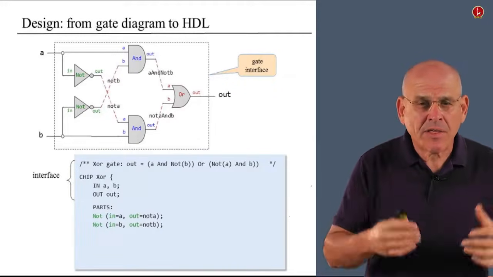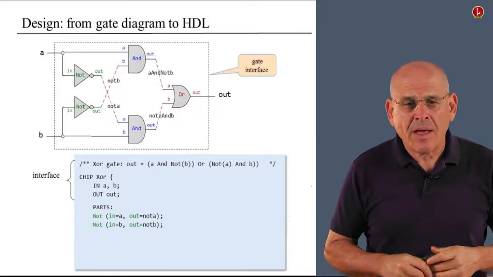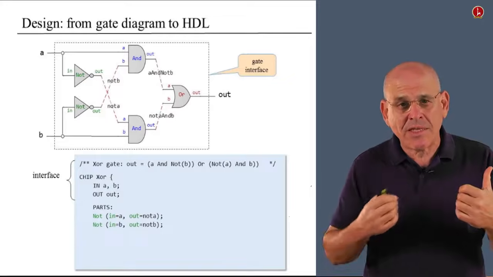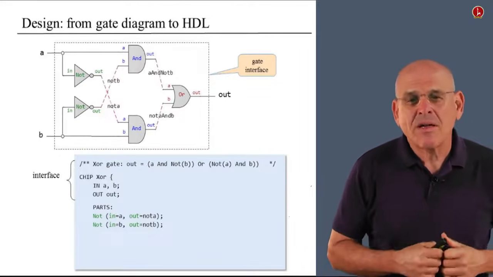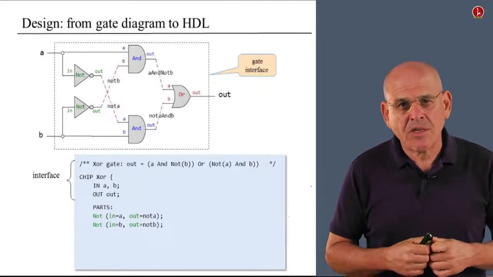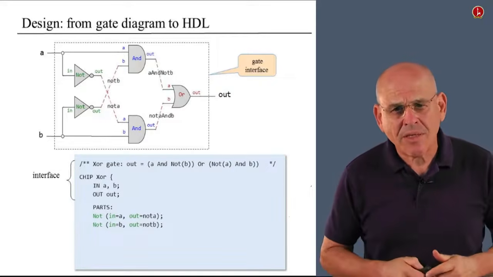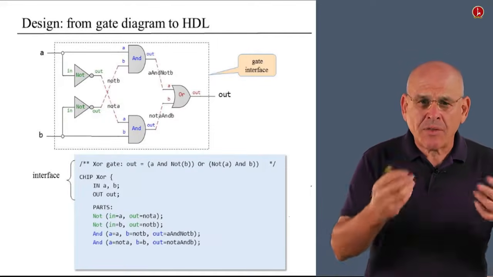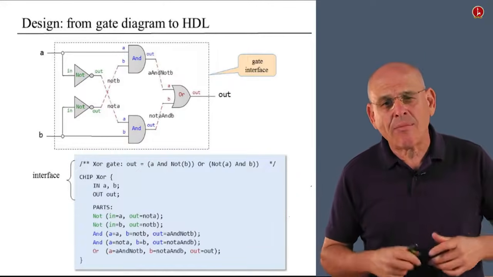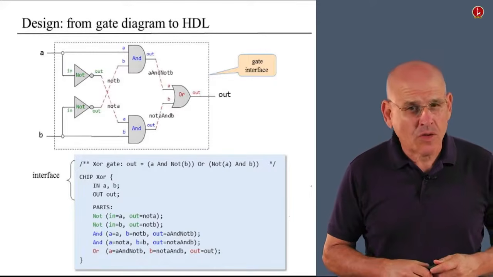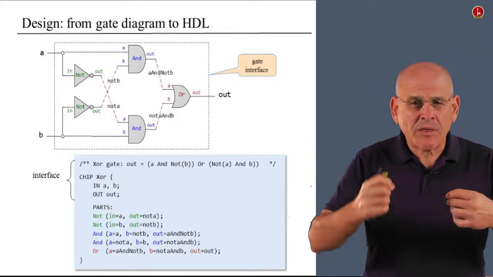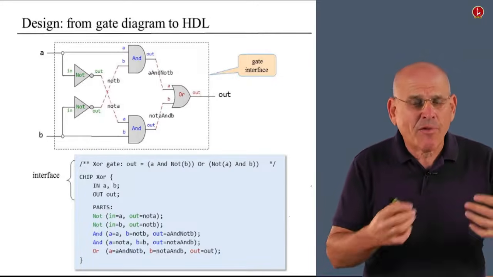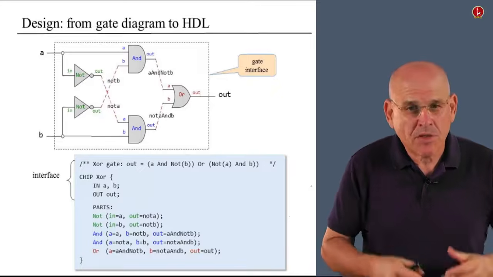The first NOT has in equals A. This is the input: the in input of the chip receives the A signal, and the output of the chip goes into NOT A. We do something similar with the other NOT chip. Then we describe the two AND chips, and finally we describe the OR chip. Notice, by the way, that I use the words gate and chip interchangeably, and that's perfectly okay. A gate for me is simply a simple chip.